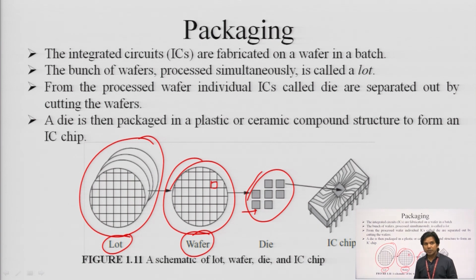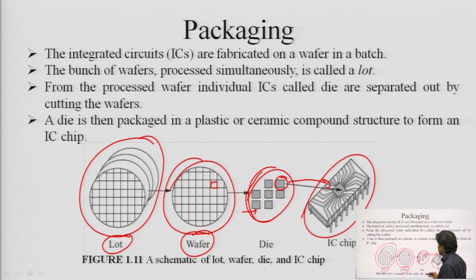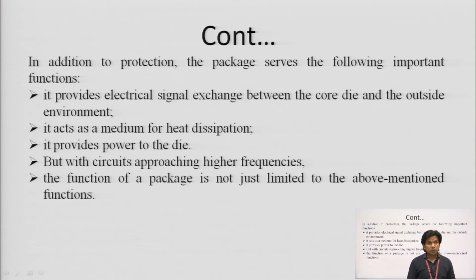Inside the die you have some circuitry. To protect that circuitry from environmental or contaminant things, we have to package this die in a particular chip. This is called packaging.